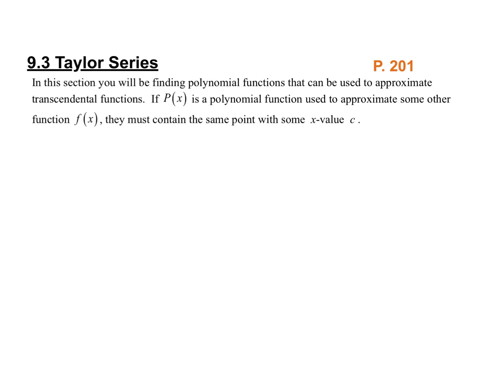So what's going to happen is we're going to have some polynomial function, and we're going to use it to approximate some other function. The key is they have to contain at least one point that is the same, some x value that we're going to call c. So there's going to be this common point.